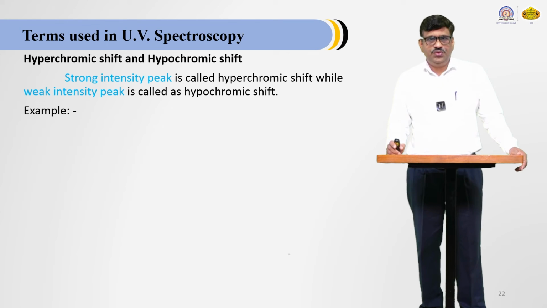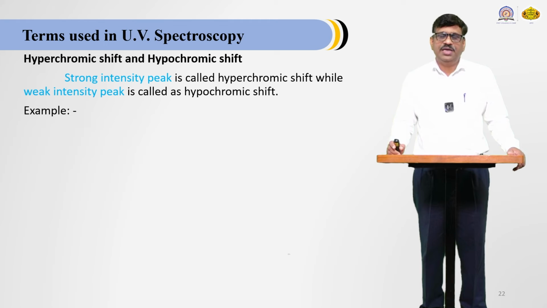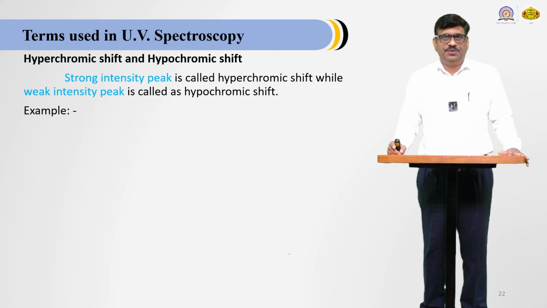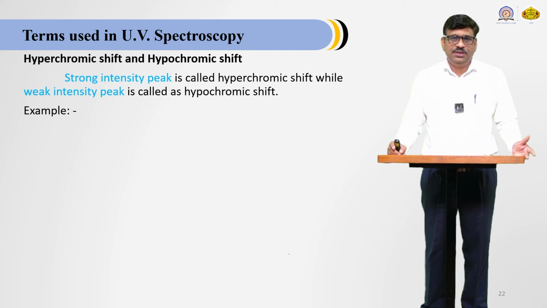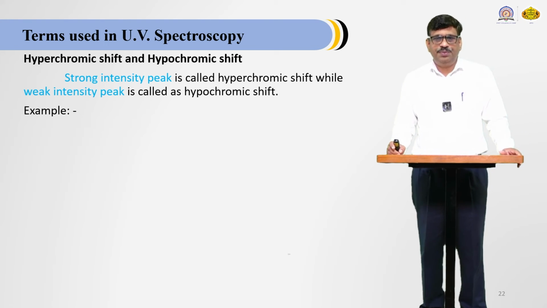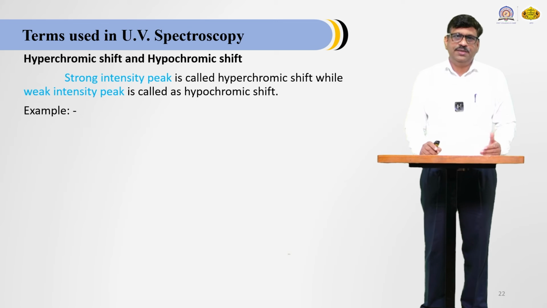Another pair of terms used in UV spectroscopy are hyperchromic shift and hypochromic shift. These two shifts explain the intensity of absorption. A strong intensity peak is called hyperchromic shift, while a weak intensity peak is called hypochromic shift.